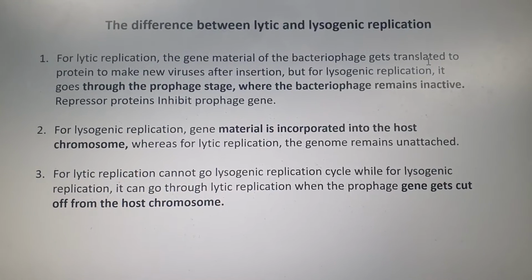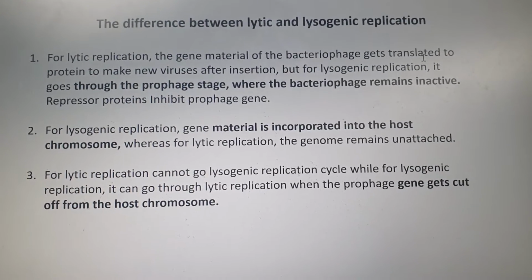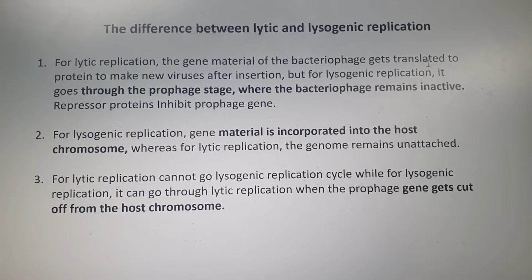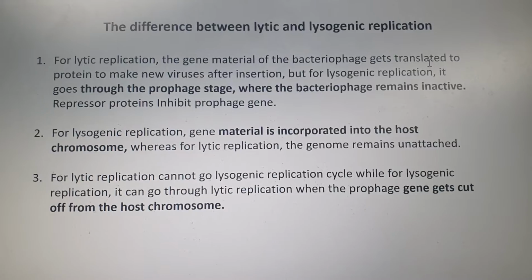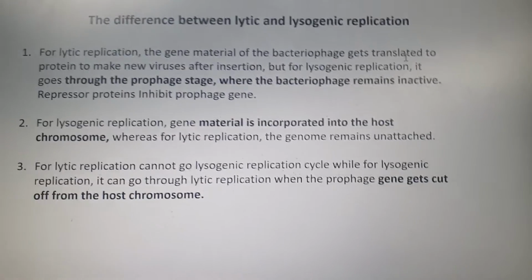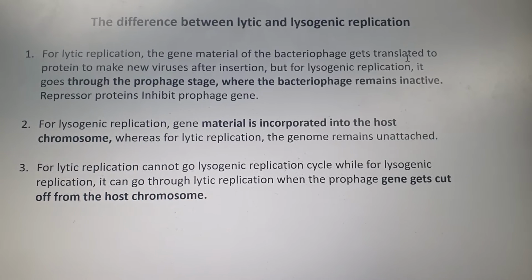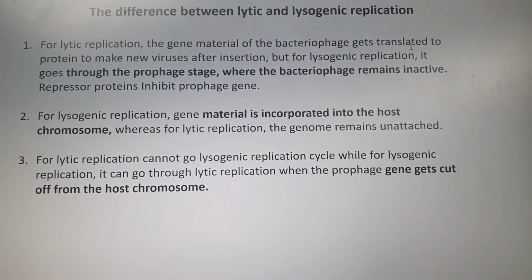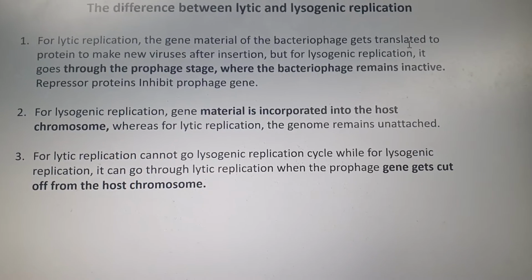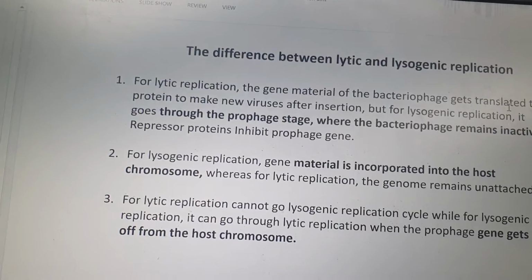But for lysogenic replication, it goes through a prophage stage, where the bacteriophage remains inactive and repressor proteins inhibit prophage genes. For lysogenic replication, gene material is incorporated into the host genome, whereas for lytic replication, the genome remains unattached.